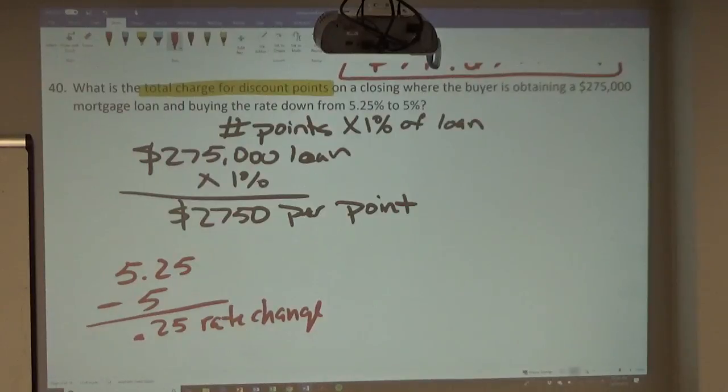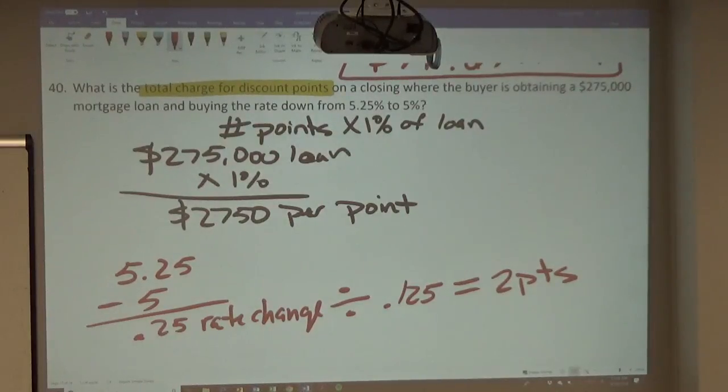Hopefully you also remember that each point changes the rate by 0.125. Each discount point buys that rate down by 0.125. So 0.25 divided by 0.125 equals 2 discount points.